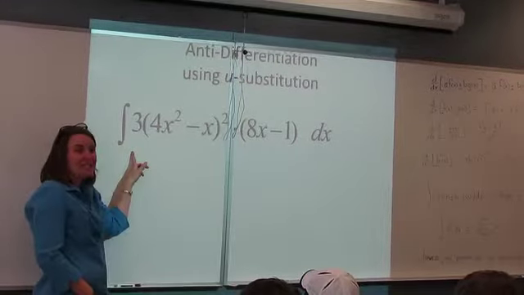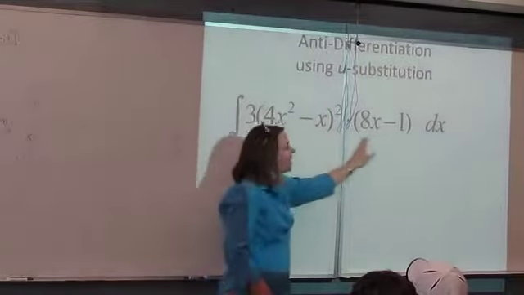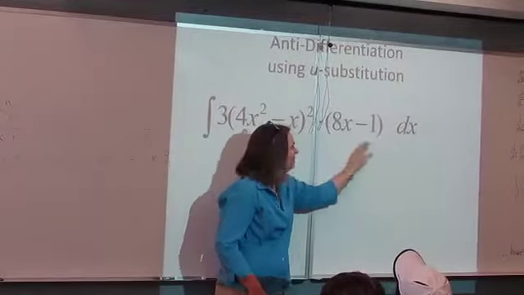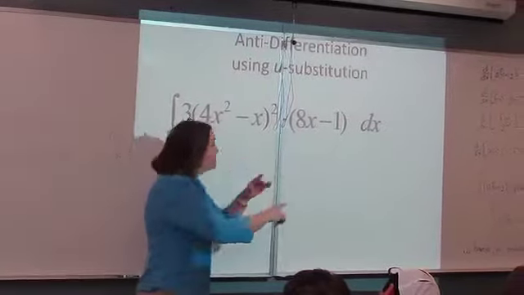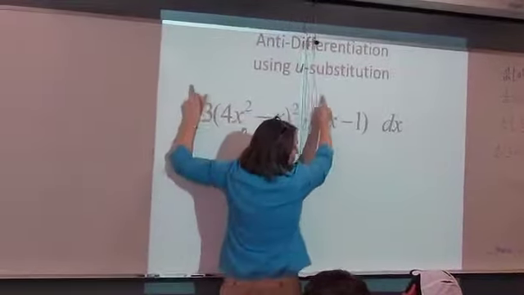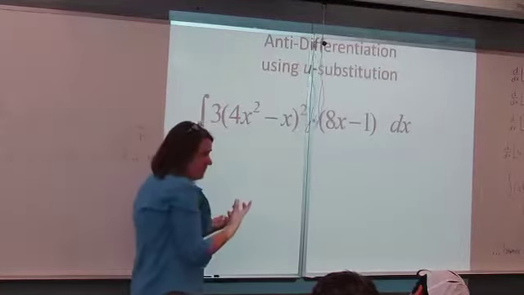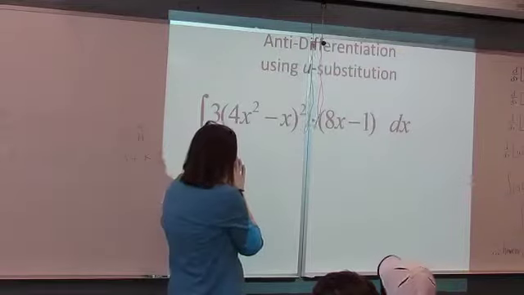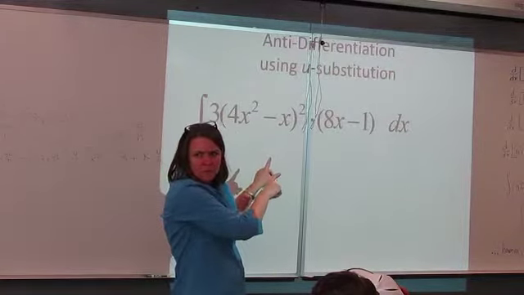Now we're anti-differentiating. Going backwards. Here's my integrand. It's a product. We absolutely can't split up the integral and make it into 2. It won't work. You won't get the right answer. Instead, we have to ask ourselves, hey, is that the result of a chain rule?